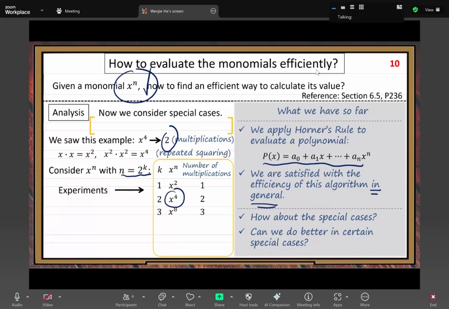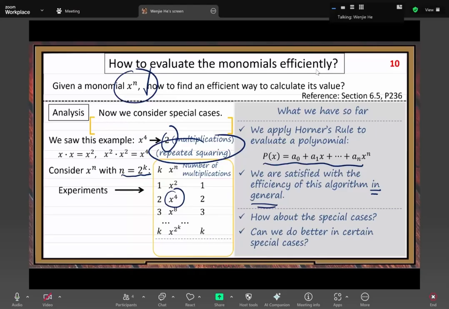For the general case k, you need to calculate x to the 2 to the kth. So you need to do multiplication k times. That's the result you can enjoy from the repeated squaring technique.